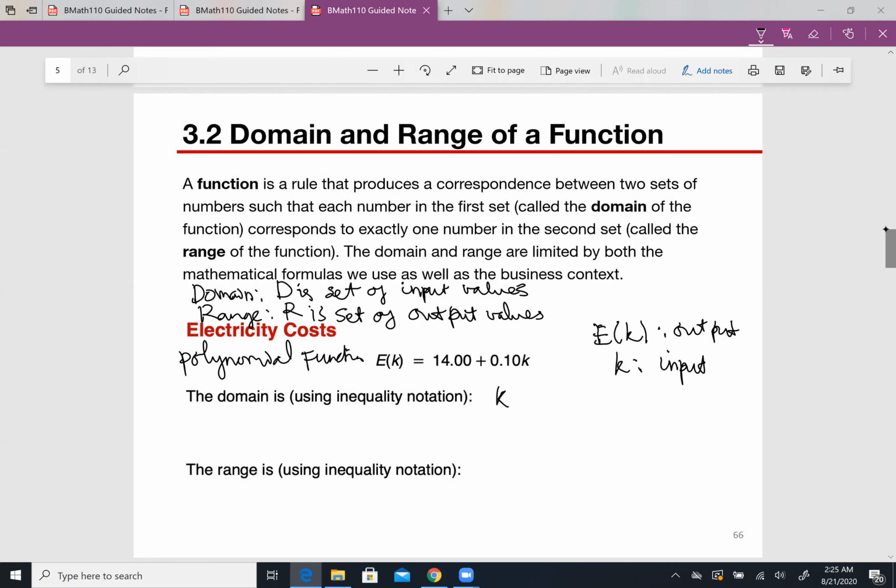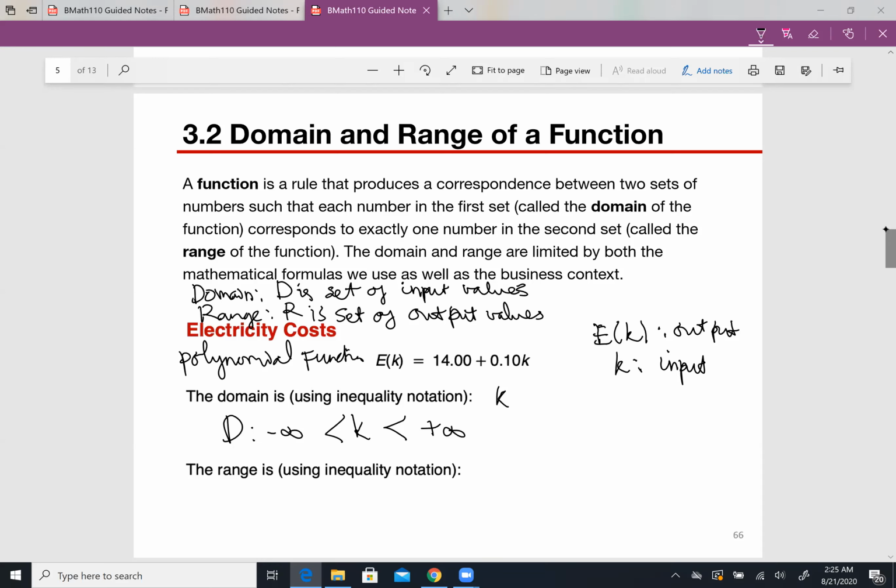So then we call it a polynomial function. Since you see this kind, you can right away know that in mathematics, the domain has to be from negative infinity to positive infinity.